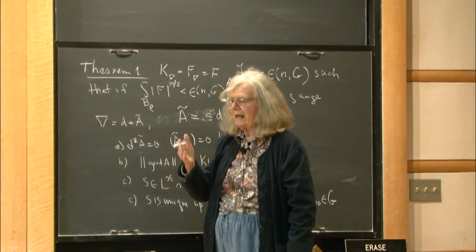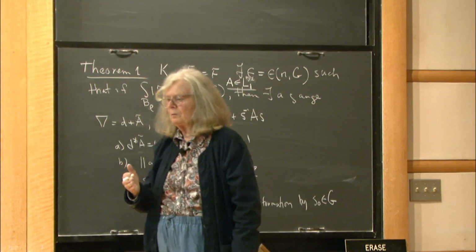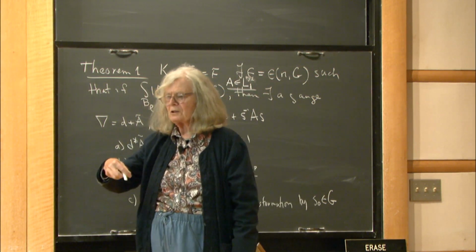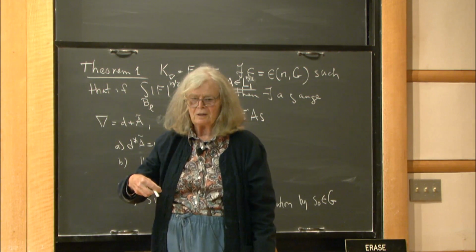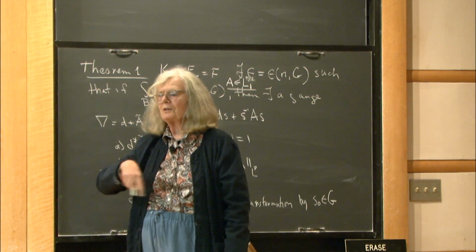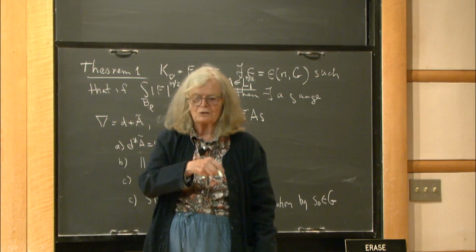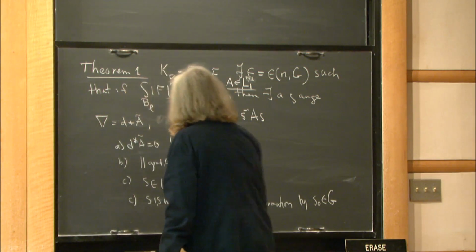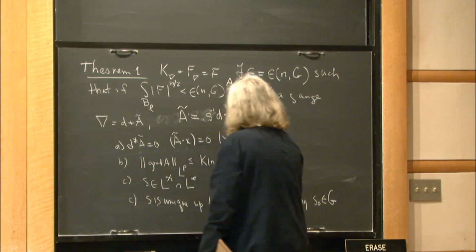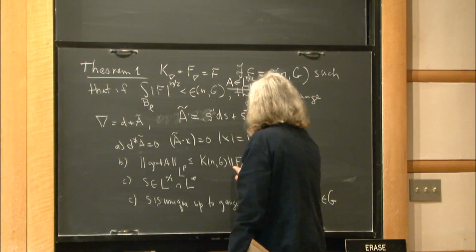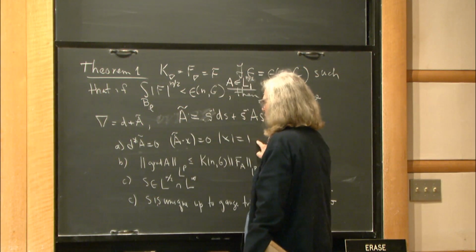That means that A is a one form, and when you restrict it to the normal direction on the boundary, it vanishes. If you look at Hodge theory, you'll see there's a whole theory where you can put boundary conditions on things like the normal. So the normal derivative of A vanishes on the boundary is this condition.